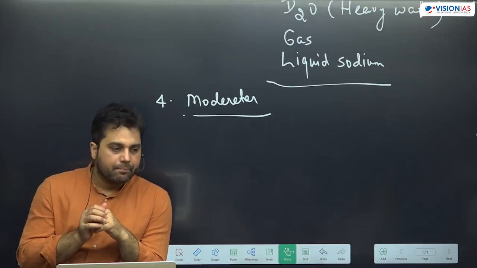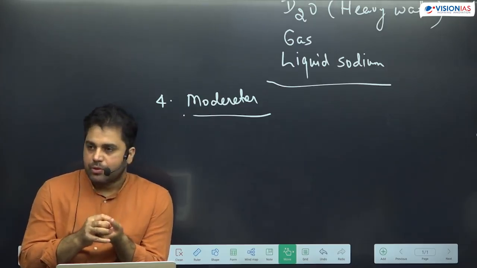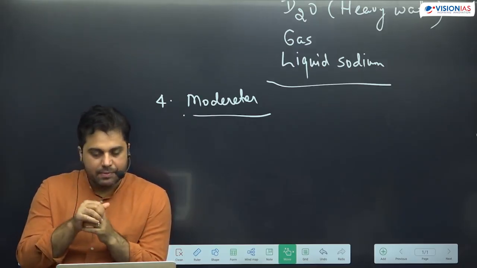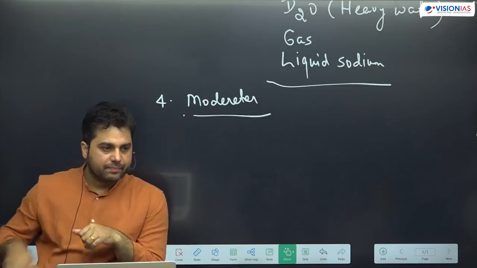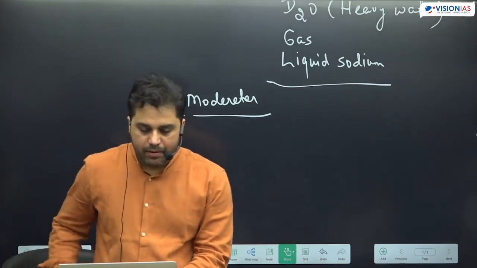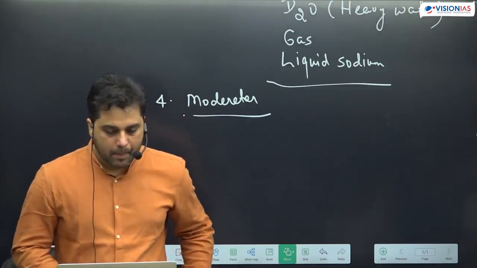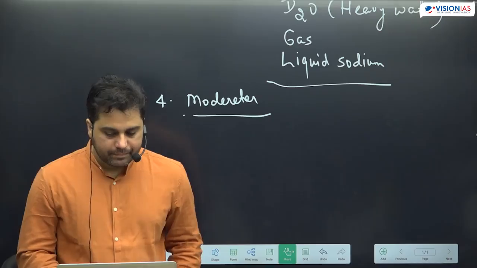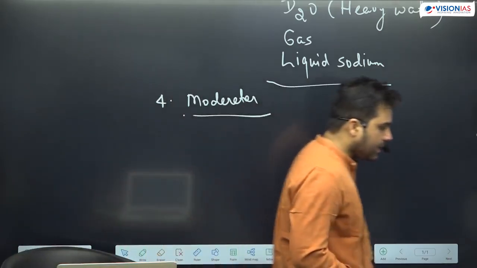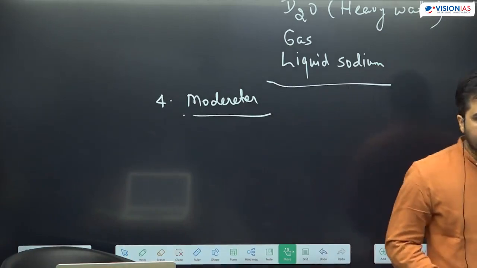Slower neutrons are better at causing fission.